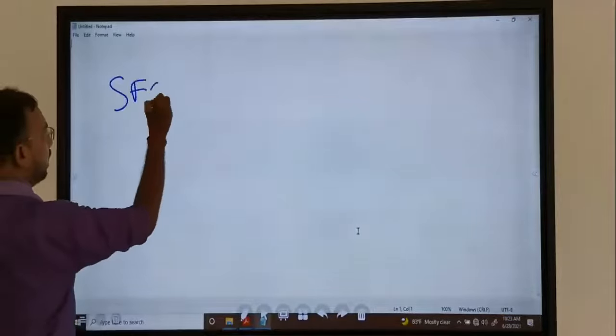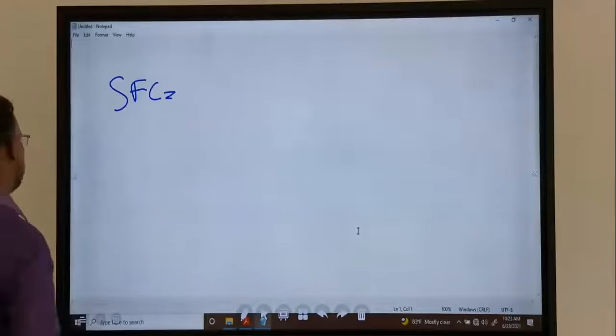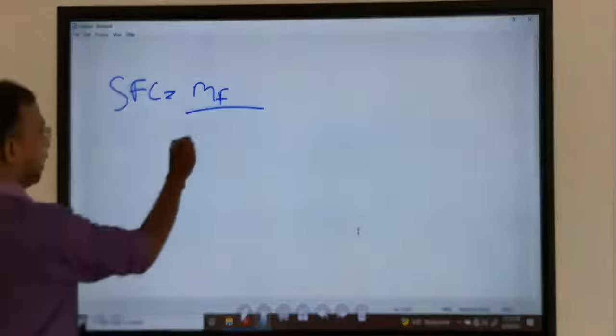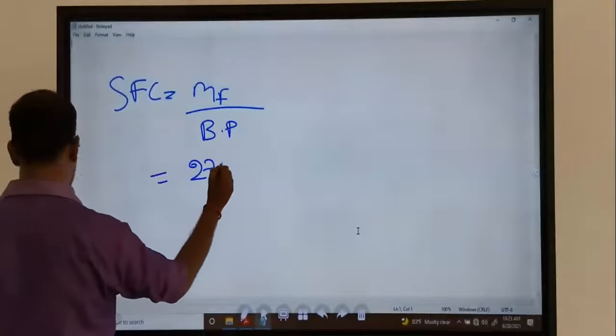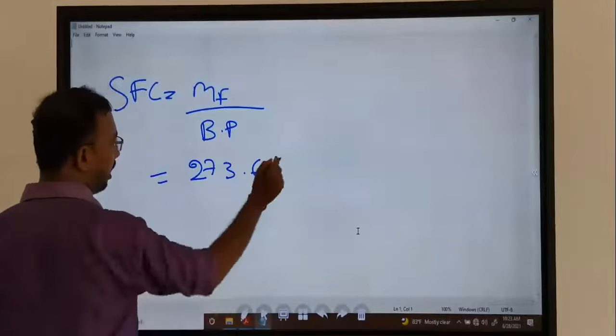So SFC means specific fuel consumption, which is MF, the mass of fuel consumed, over the brake power. So MF is 273.6 kilogram per hour.